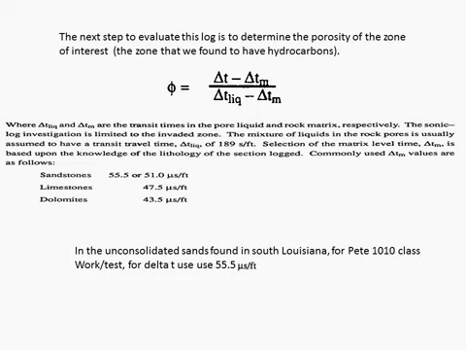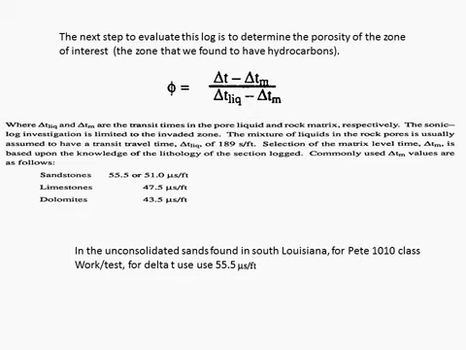The sonic log investigation is limited to the invaded zone. The mixture of liquids in the rock pores is usually assumed to have a transit travel time, delta T liquid, of 189.